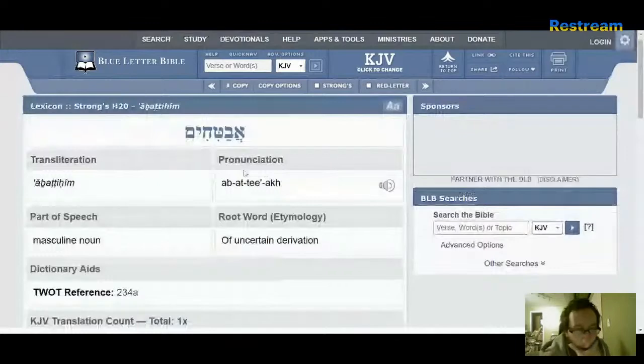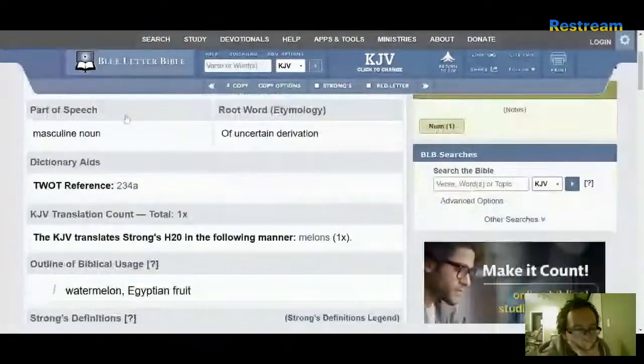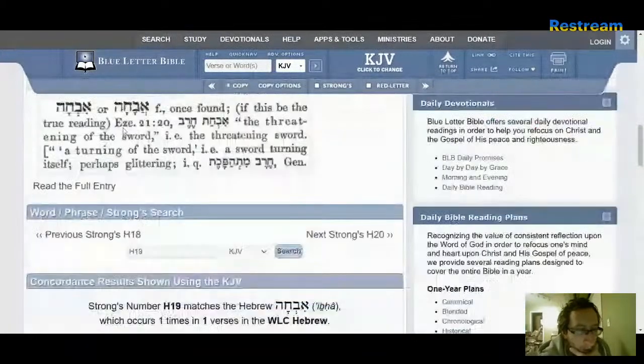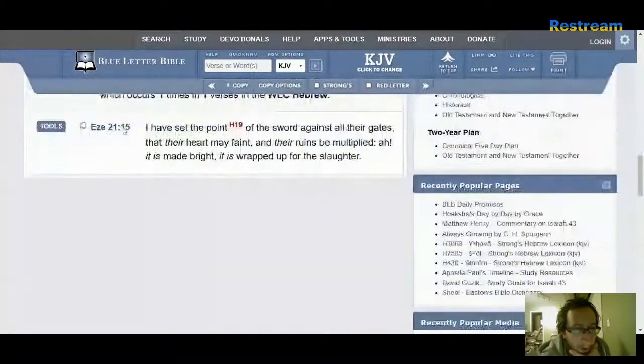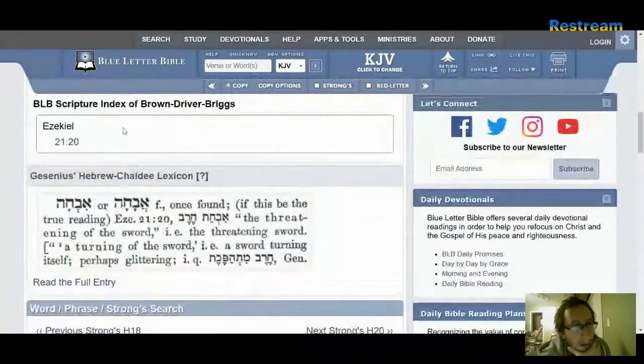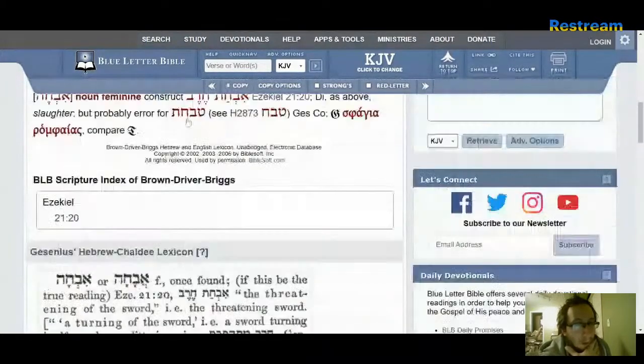All right, so it only occurs one time in the Bible. Let's see if there's a Wiktionary article about it.